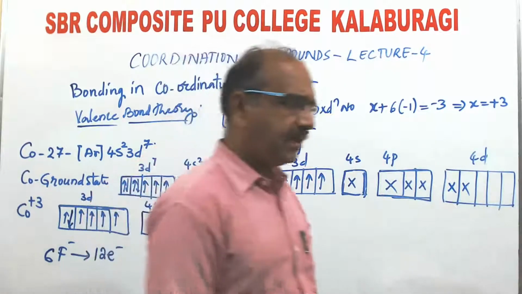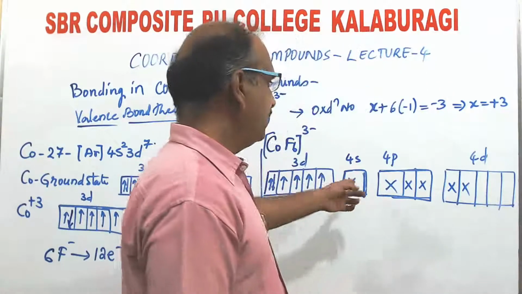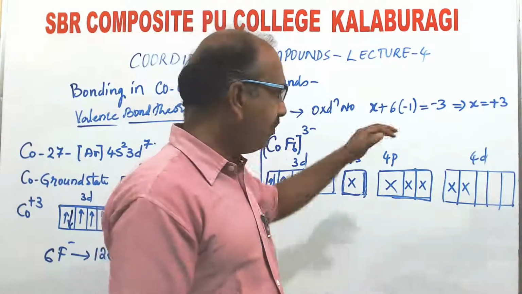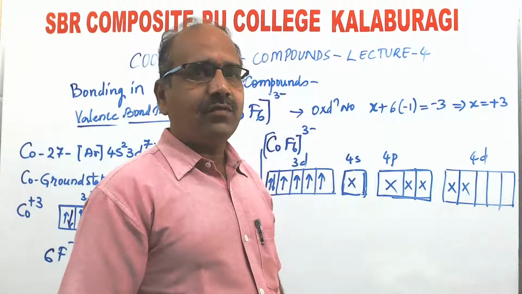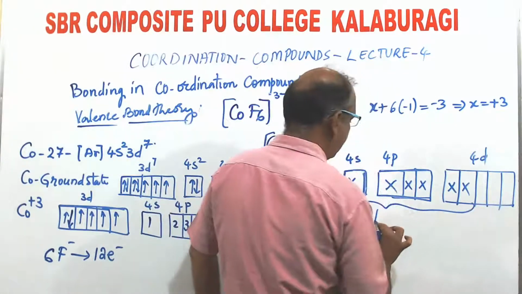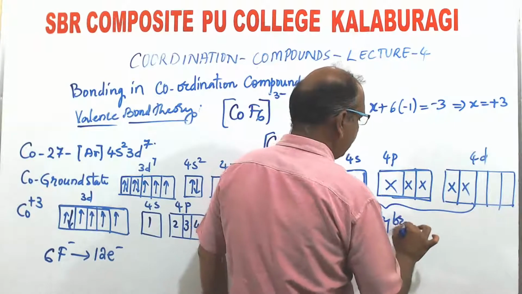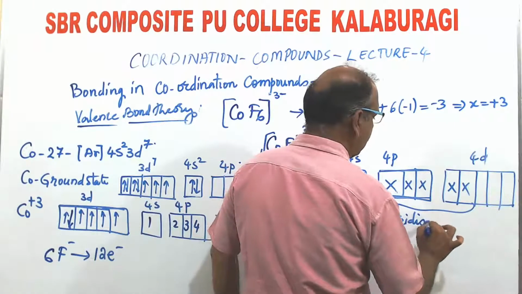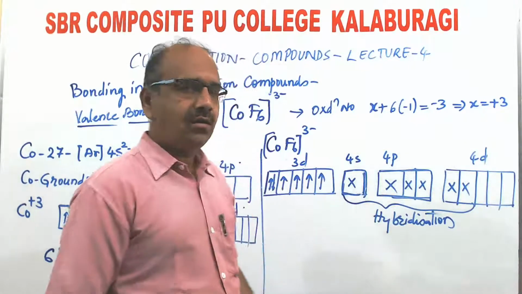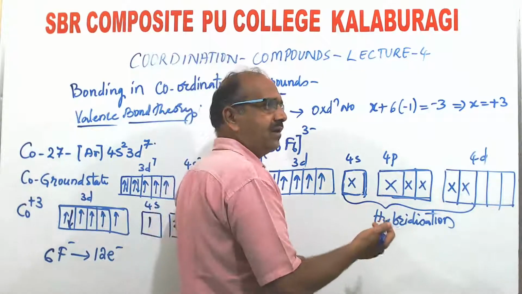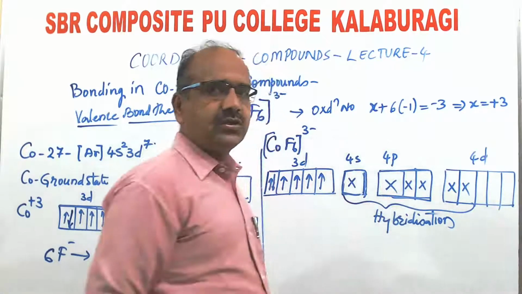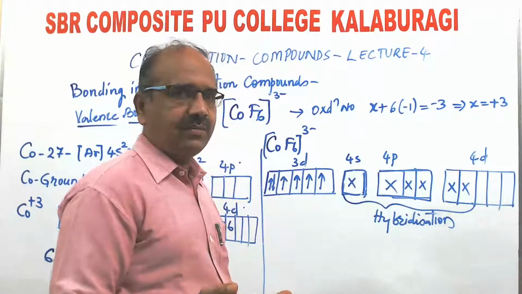So now what has happened is, before these X electrons of the 6 fluorines occupy the orbitals of cobalt, it will undergo hybridization. Hybridization means mixing of orbitals to give rise to equal energy orbitals, and the number of orbitals is also equal. 6 orbitals are hybridizing, so 6 new orbitals of equal energy will be obtained.